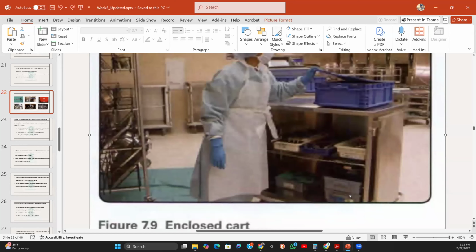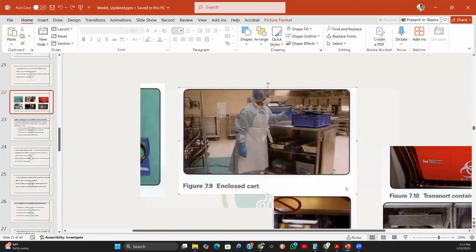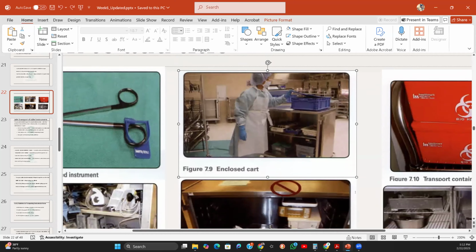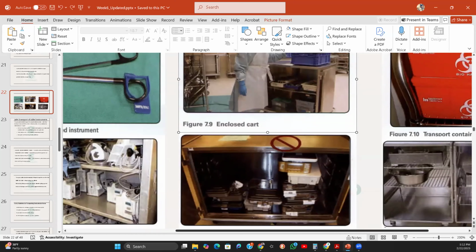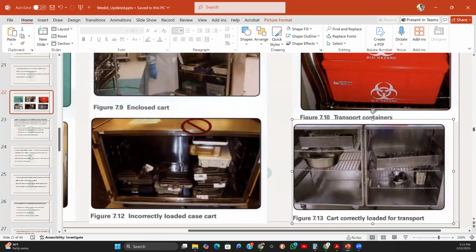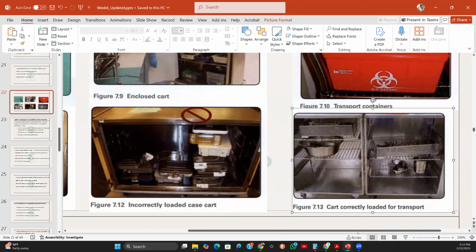Okay, my brother, the one asking the question whether we sterilize the basket. Yes, in this particular 7.9, the trays are in the plastic, so that plastic container will be wrapped. There's a wrapper that we use to cover it in place.